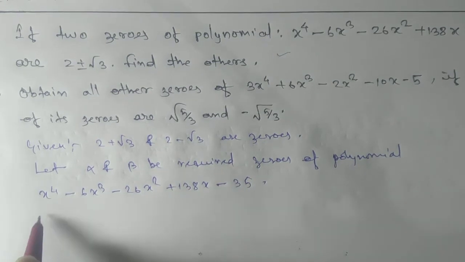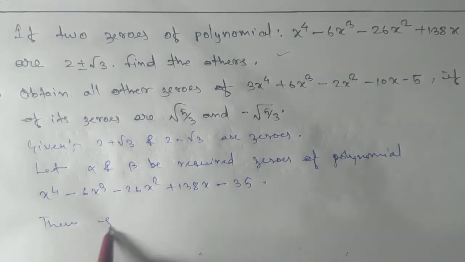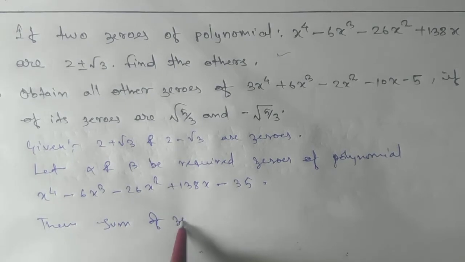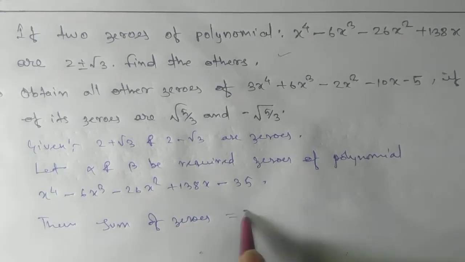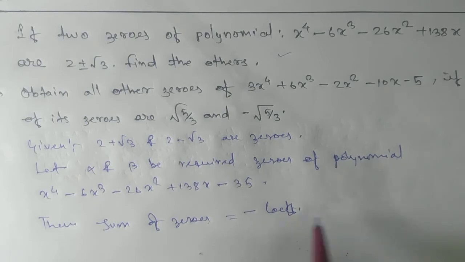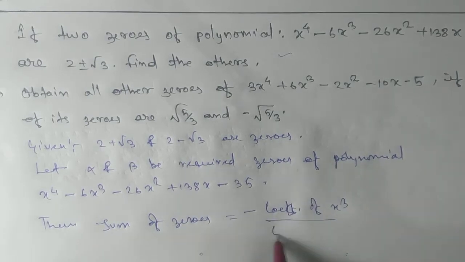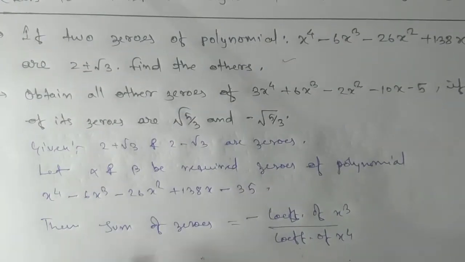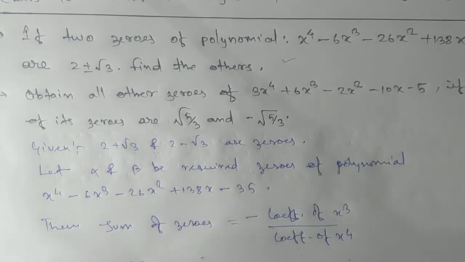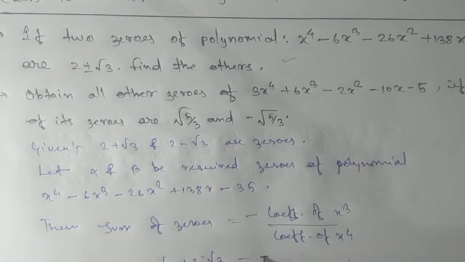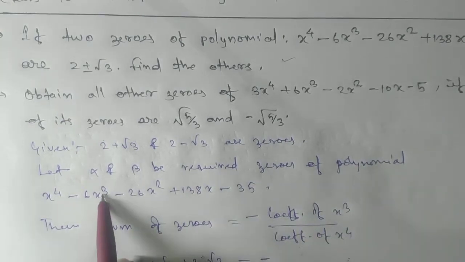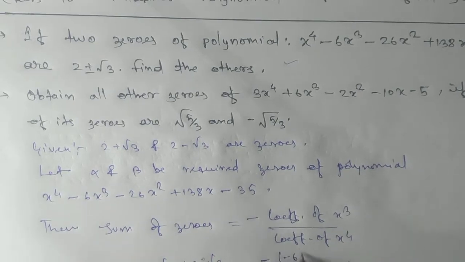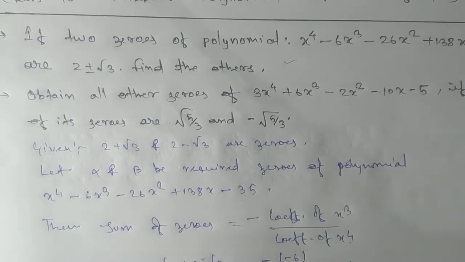Now we know that the sum of zeros equals minus the coefficient of x cube by the coefficient of x to the power 4. So the sum of zeros implies alpha plus beta plus 2 plus root 3 plus 2 minus root 3, and on this side we get minus the coefficient of x cube, which is minus 6, by the coefficient of x to the power 4, which is 1.